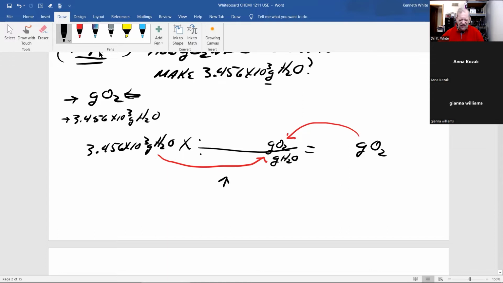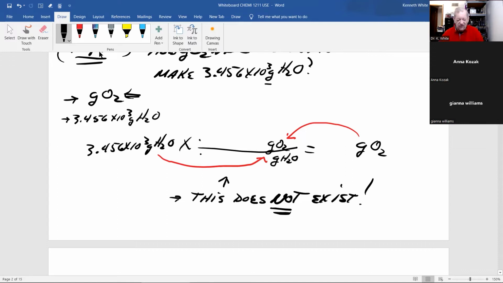This does not exist. See, it even says on the screen. There's nowhere I can find a relationship of grams of oxygen to grams of water. It doesn't exist. Oh no, I'm stuck.